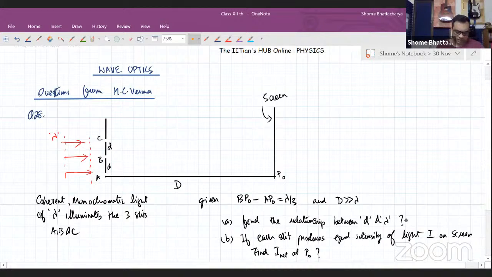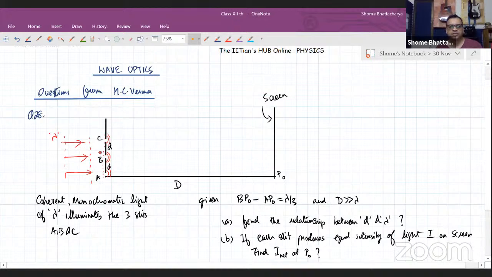So this is a very simple case of the phasor addition of light coming from three sources. Okay, so we'll have to assume that, given the waves of monochromatic light being parallel and coherent, the three sources A, B, and C act like coherent sources which are in phase, because there's a parallel wavefront that hits them simultaneously like this.